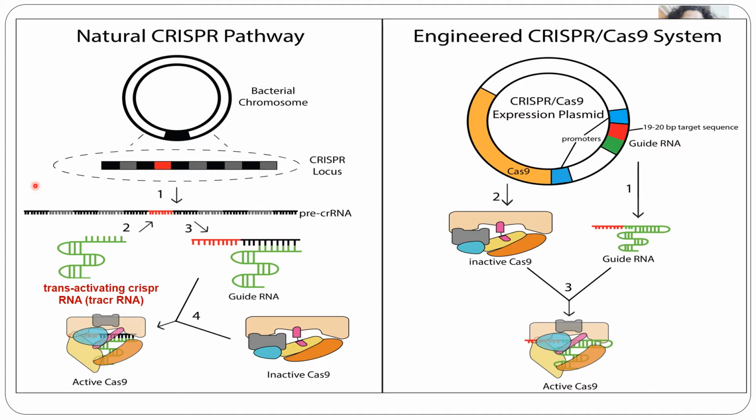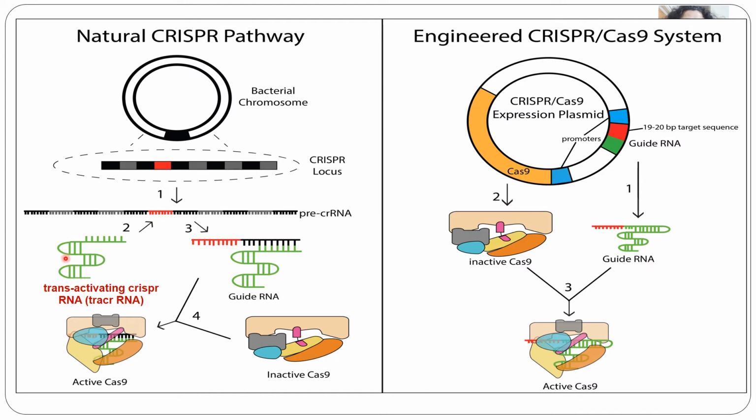Now, the engineered pathway. This is a natural mechanism that is present in a bacteria. This very mechanism has been mimicked and engineered. And now this engineered CRISPR-Cas9 system consists of one single RNA, which is the guide RNA.